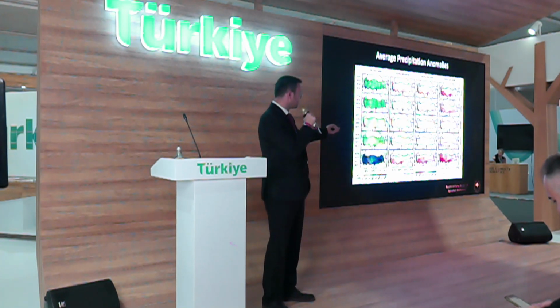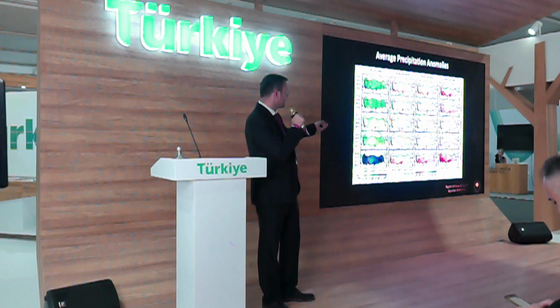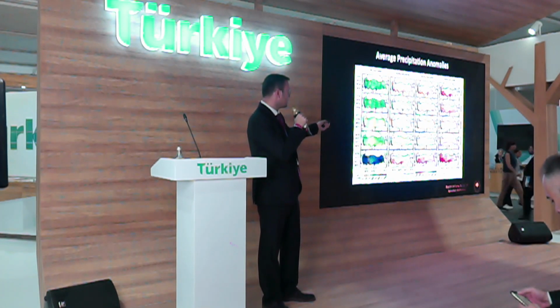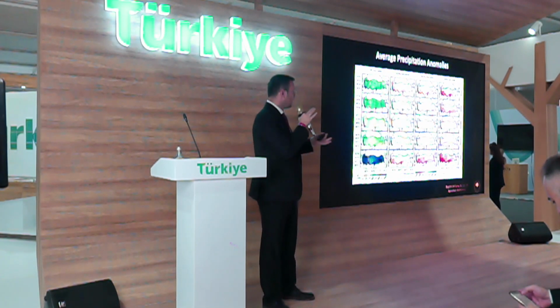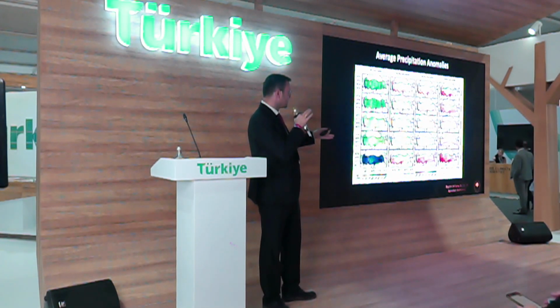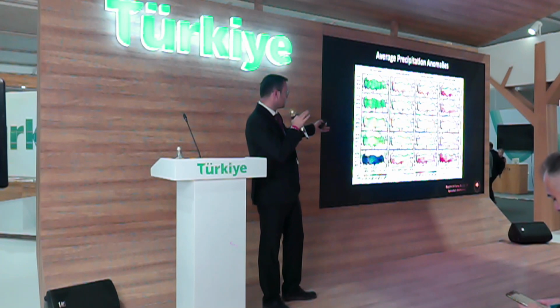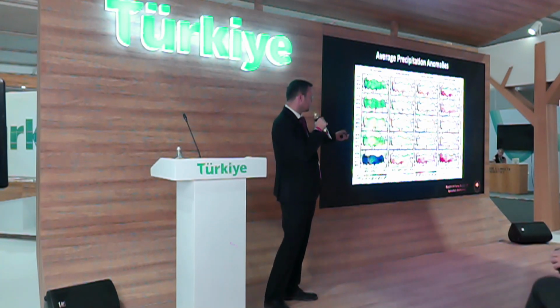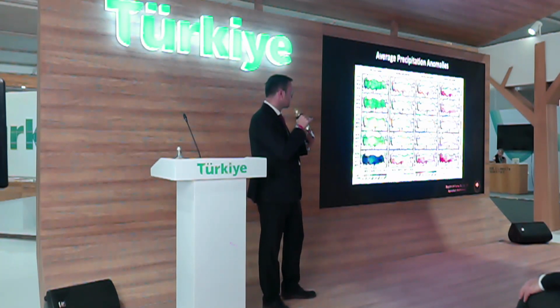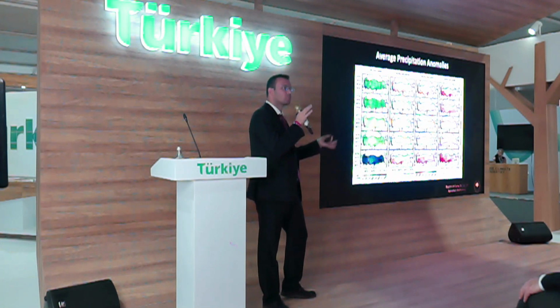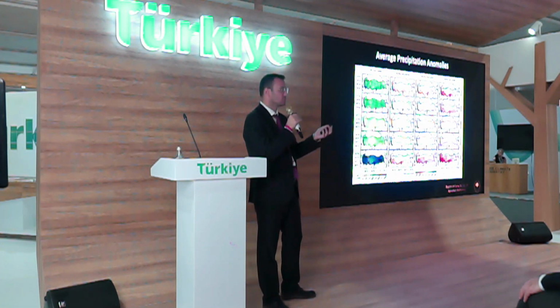If you look at the right bottom side, you can see that in the northern parts there will be a precipitation increase. On the other hand, in the southern and the western parts, a precipitation decrease is expected. So this means some parts of Turkey will suffer from floods, while some other parts will experience drought.